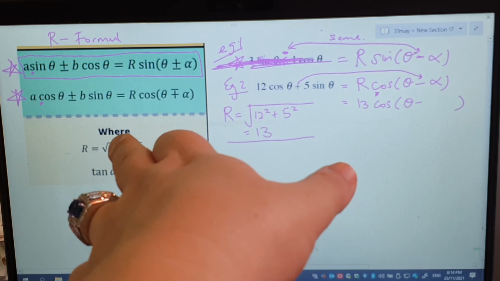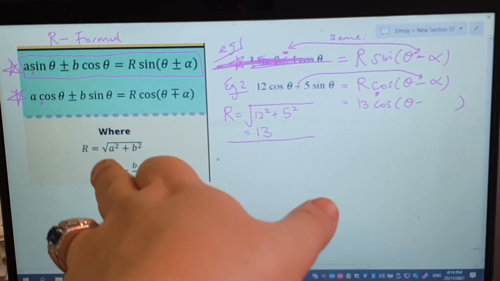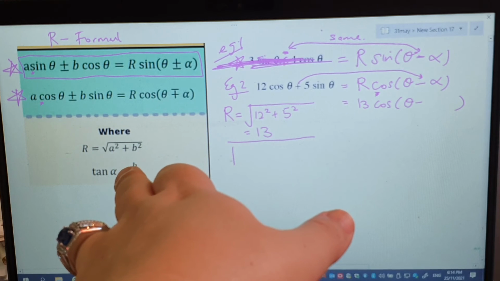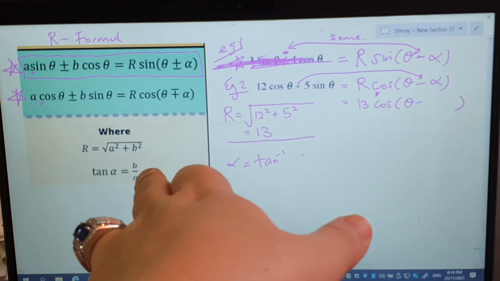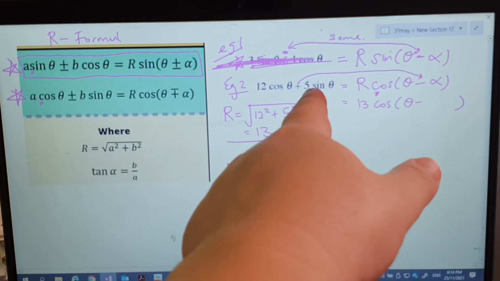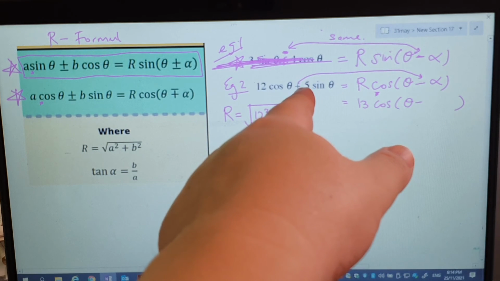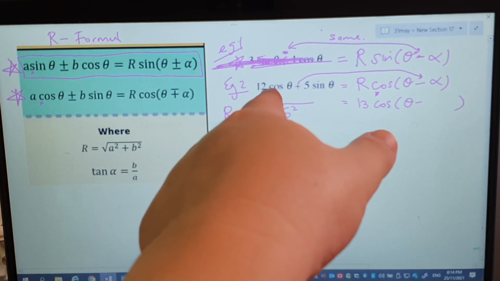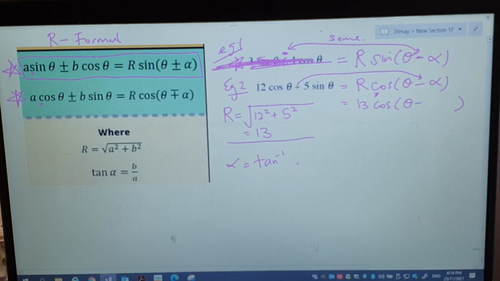Whether it's sine or cosine, the formula is the same. You just take tangent inverse of the second number over the first number. Even if there's a minus here, you don't care. You only take the positive value of the numbers. So you just take 5 over 12.